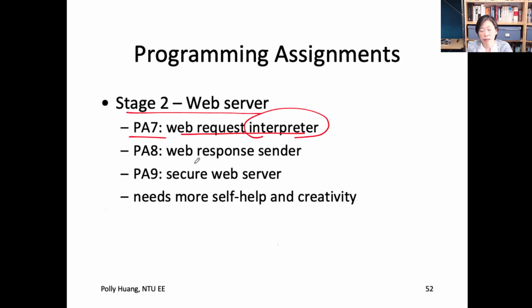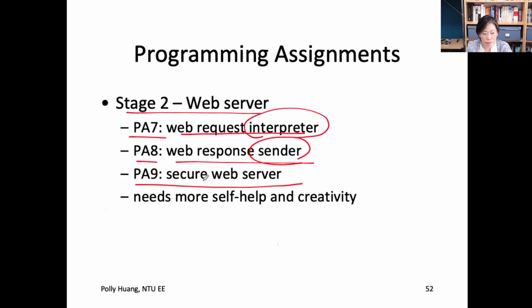And your web server will need to generate the response and then send it back to the web client. So in this part, through PA7, PA8, and PA9, PA9 is essentially making the server secure. You will be testing your web server using a regular browser, such as Firefox, Chrome, or Safari.